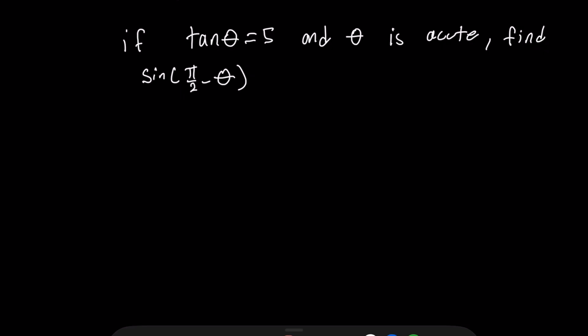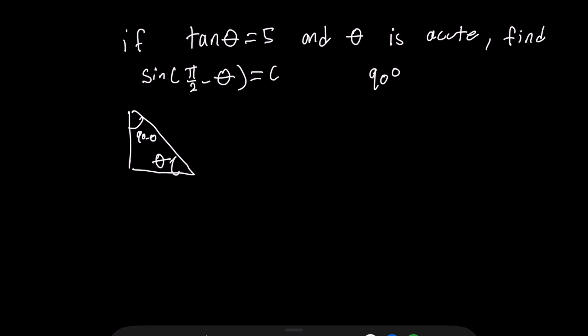Well, pi over 2 in degrees is just 90 degrees, right? Now imagine this. If this is theta, then this is just 90 minus theta, right? So in other words, sine of this angle is just going to be cosine.